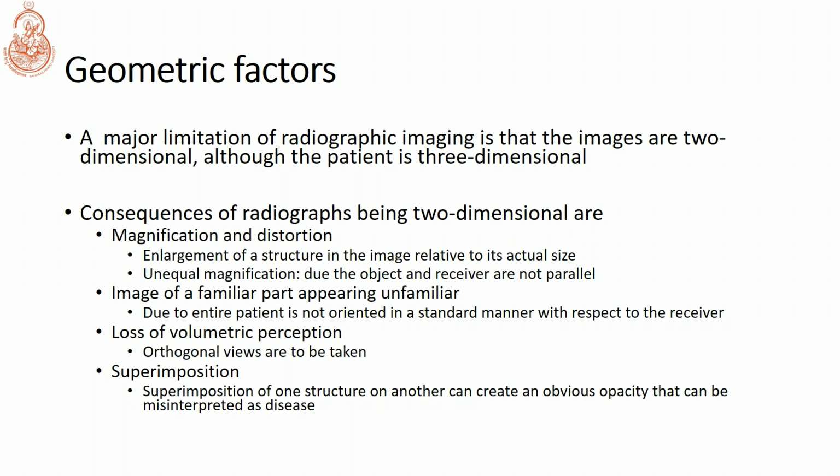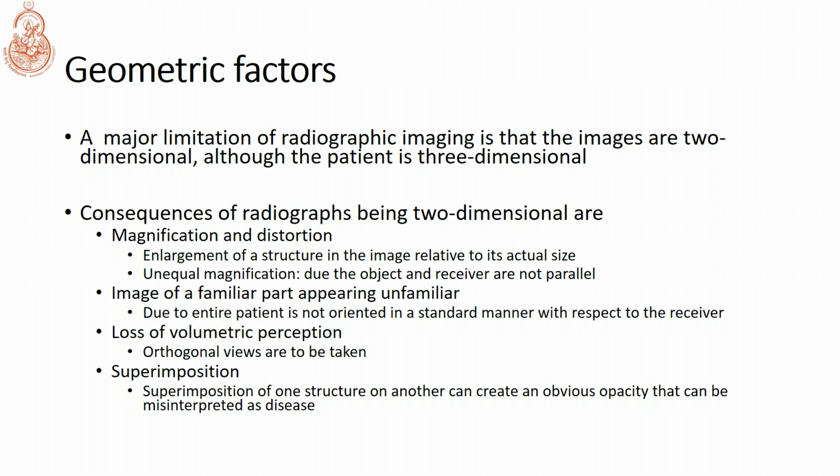What are the geometric factors that affect the radiographic detail? The major limitation of radiographic imaging is that the images are two-dimensional, although the patient is three-dimensional. This means that we are going to make an image on the radiograph of an object which has a three-dimensional structure, into a two-dimensional structure.